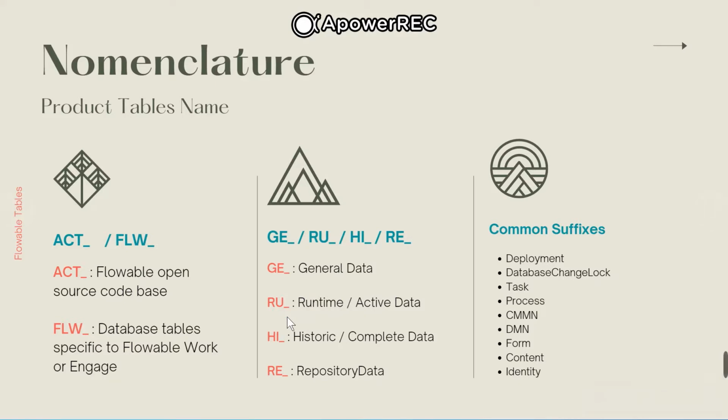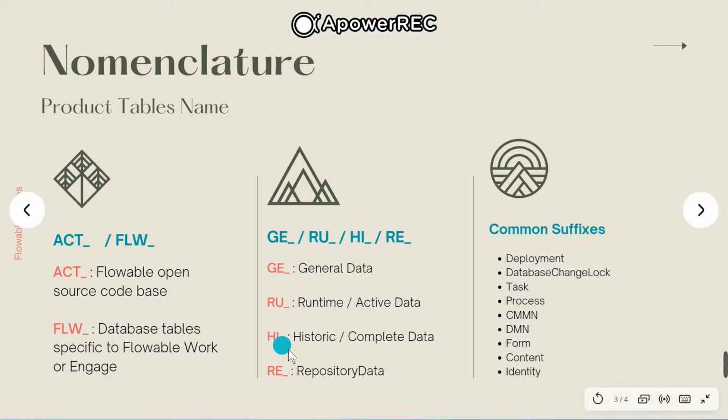These are the runtime tables that contain the runtime data of processes, cases, etc. You can say this is the active data which is not yet finished, and Flowable only stores the runtime data during execution and removes the records after the instance ends. This keeps the runtime tables smaller and fast, which is helpful for the fast execution of data.